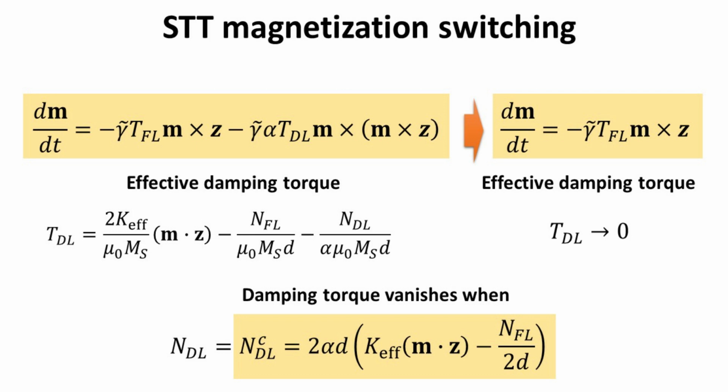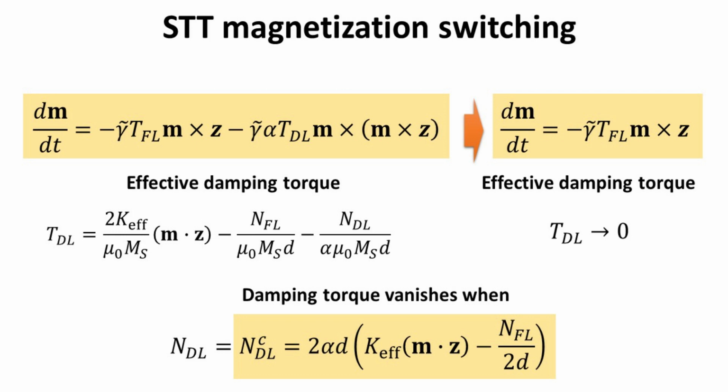The interpretation is that while the intrinsic damping of the magnetic layer dissipates energy, the spin transfer torque can pump energy into the system. Hence, there is a point where the amount of energy pumped into the magnetization balances the dissipation. This happens precisely at the critical value shown here.